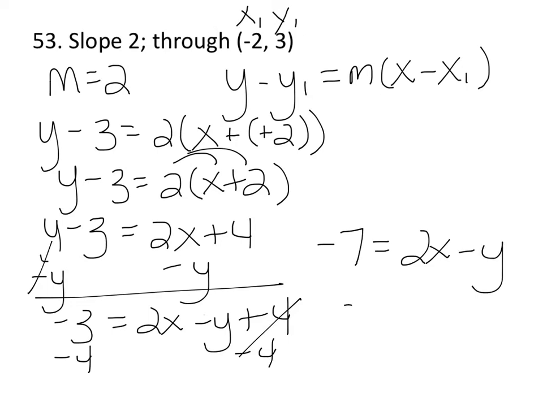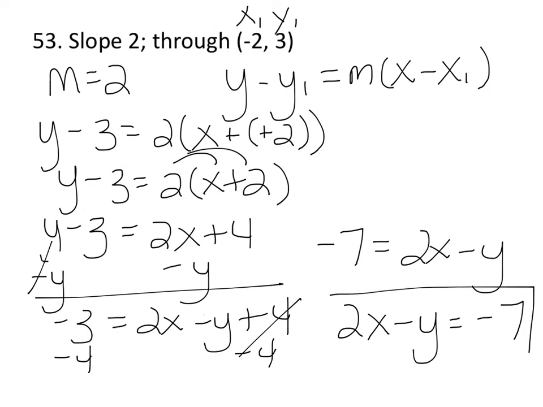You can flip it around, which says 2x minus y is equal to negative 7, which is in standard form. If I had done it the other way, I would have ended up with negative 2x, which means that your a value right here would have been negative. Your a value cannot be negative, and it cannot be a fraction. So be careful. You want to go ahead and try to keep your coefficient with your x positive, and that's why I did it that way.